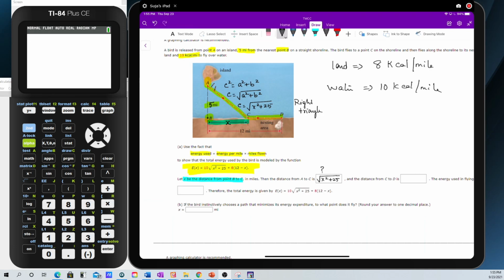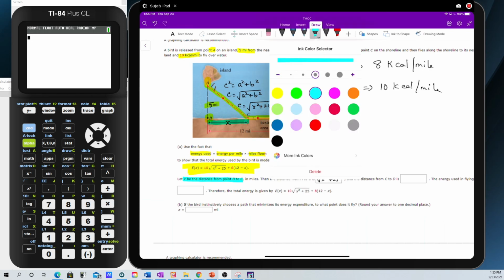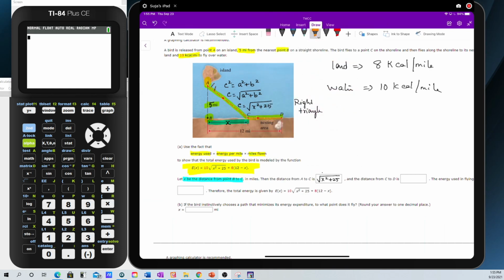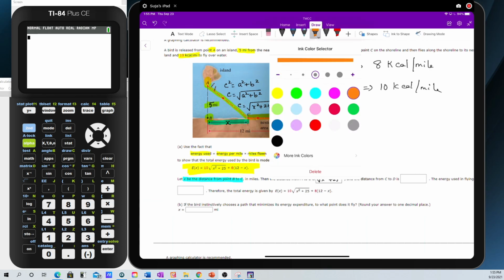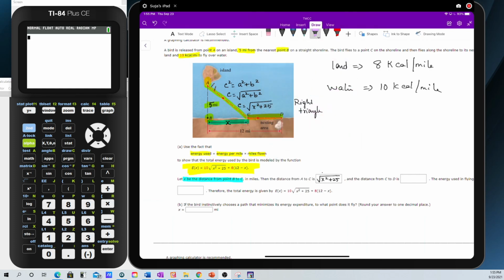Okay, and the next part of it is the distance from C to D. So C is here. Let me use another color so we can see the difference. Okay, here it is. So C is the point here and D is the point here. Now I need to find what this distance is. Now I know this whole distance given to me is 12.